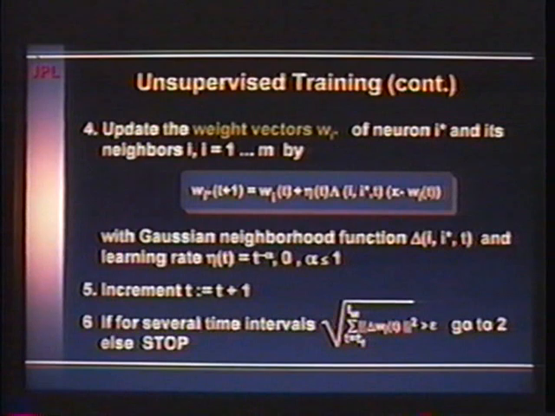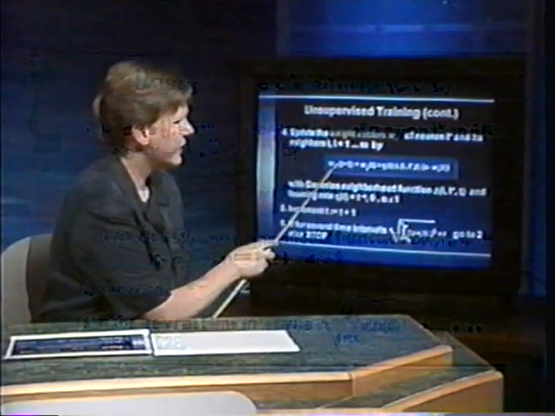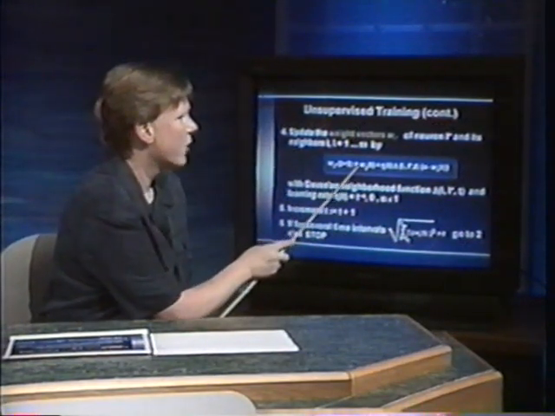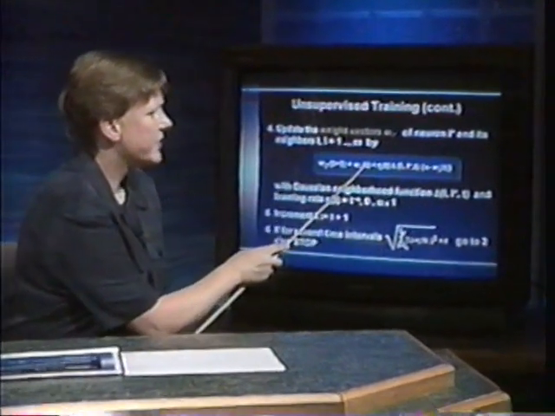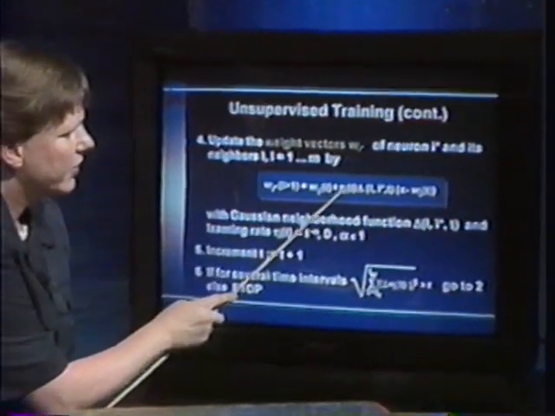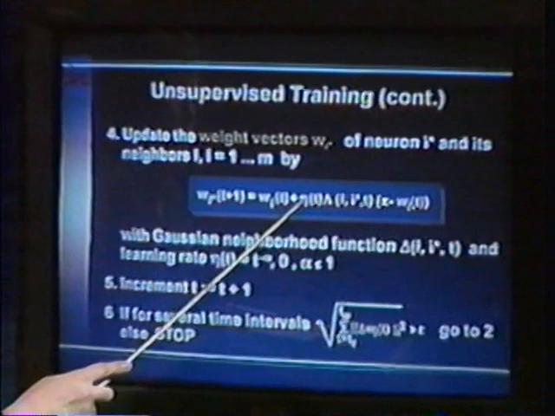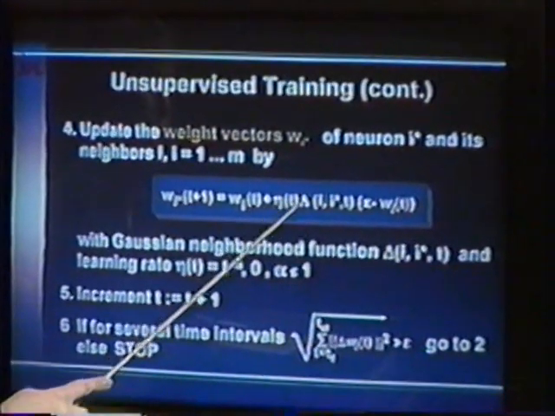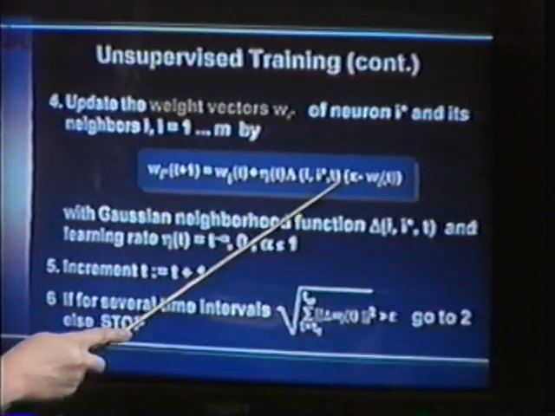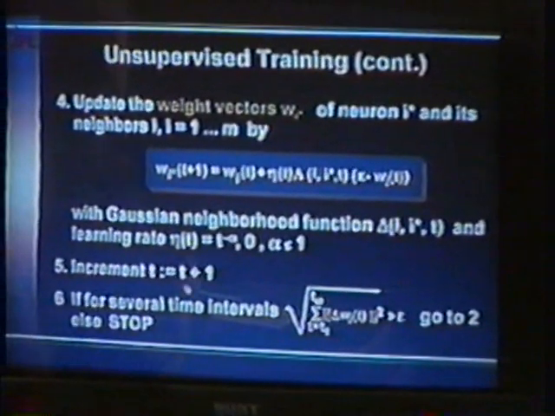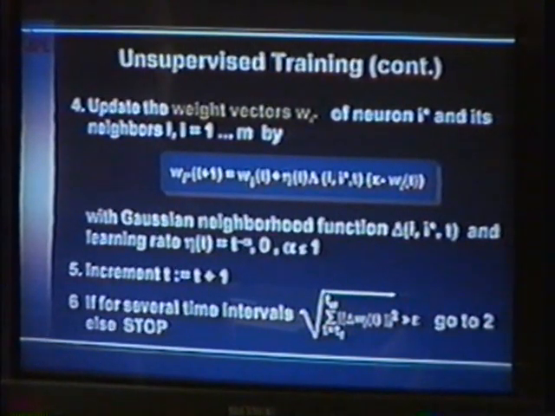We are going to update the weight vectors omega I star of neuron I star and its neighbors I by the following procedure. Our new vector I star is equal to omega of I star at time t plus the product of our learning rate times our neighborhood function times the difference between our input vector and our weight vector.